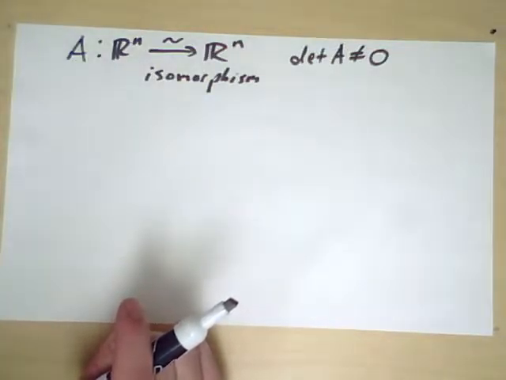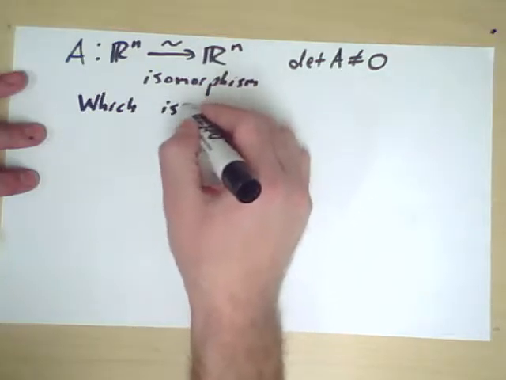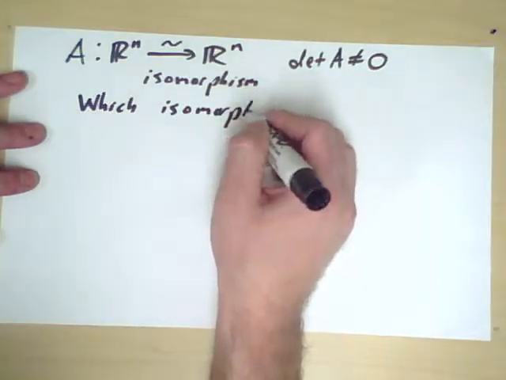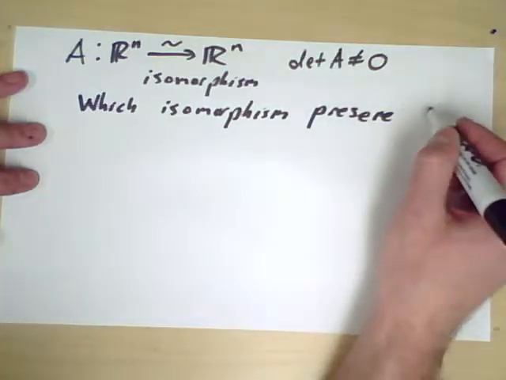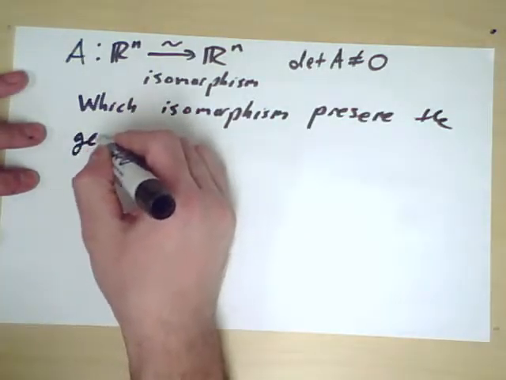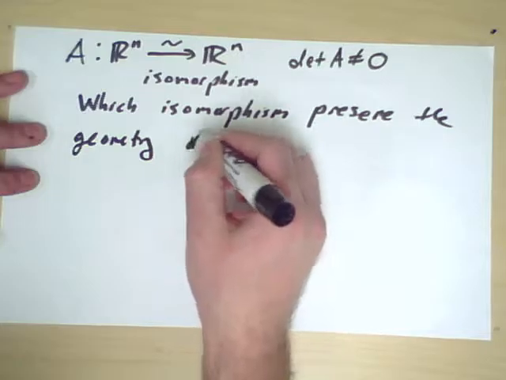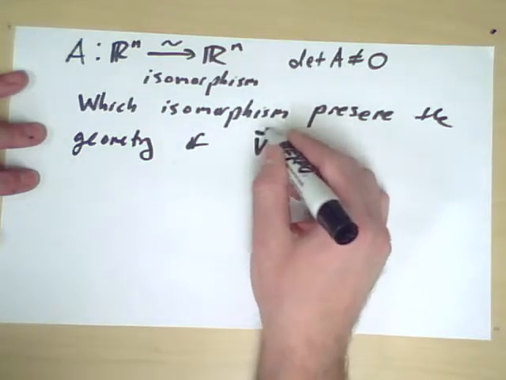Therefore, we might reasonably ask, which isomorphisms preserve the geometry of the dot product?